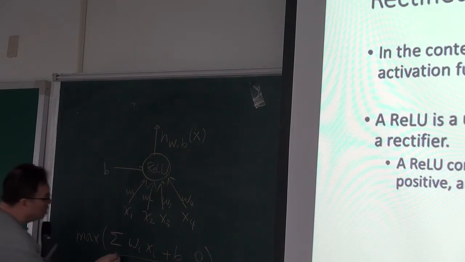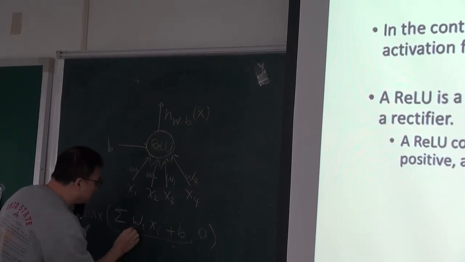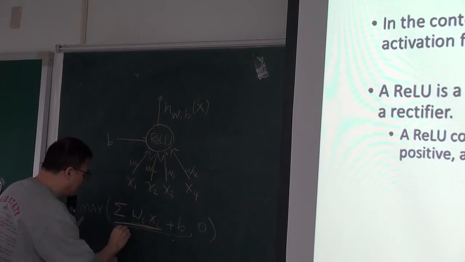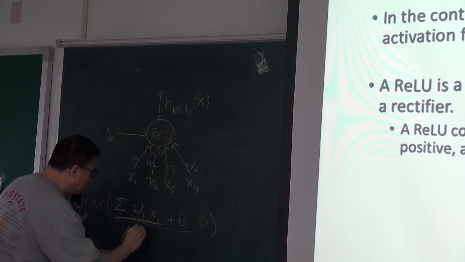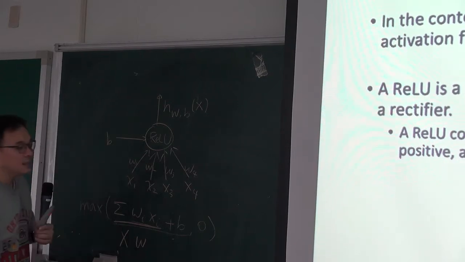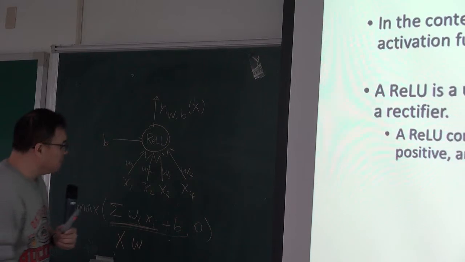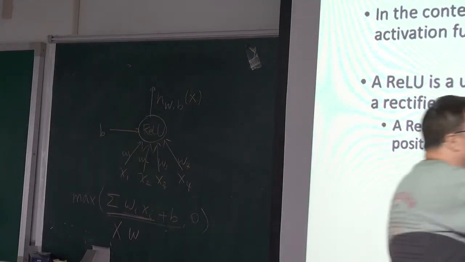And you can rewrite this part as X dot W plus B, where this dot is basically the inner product.